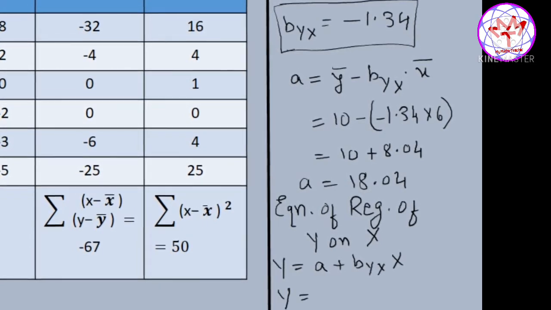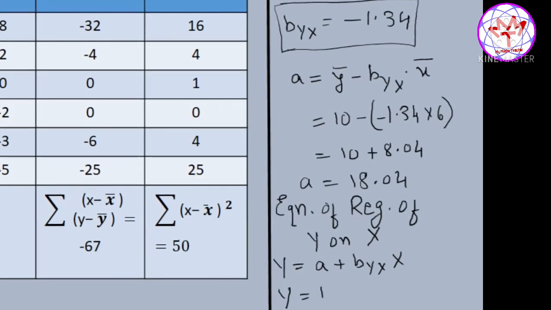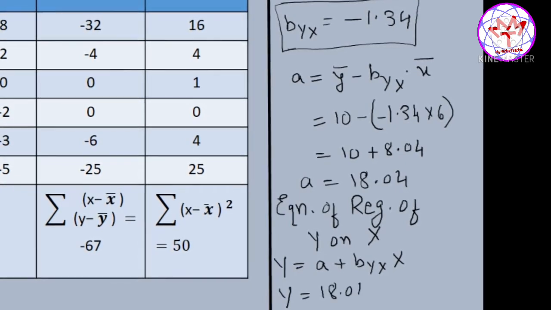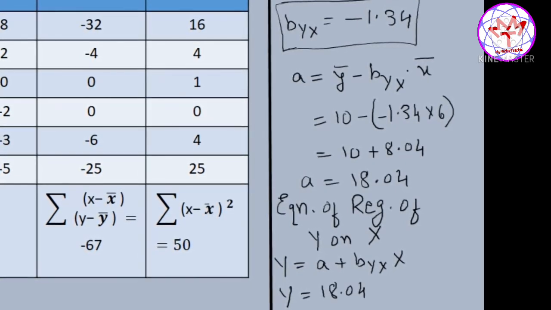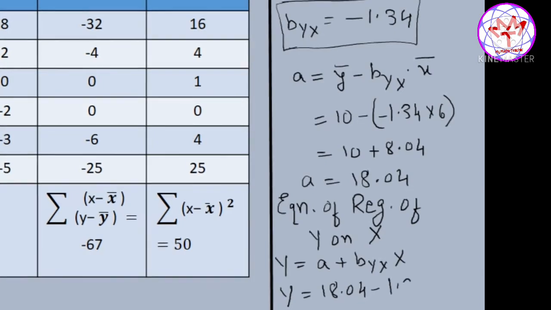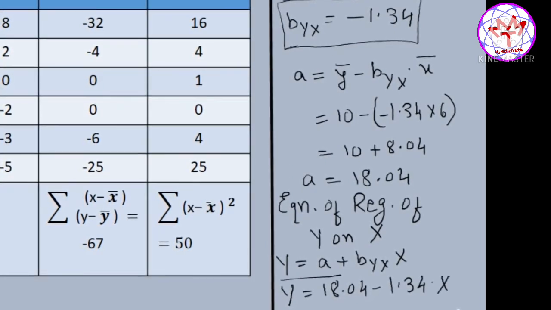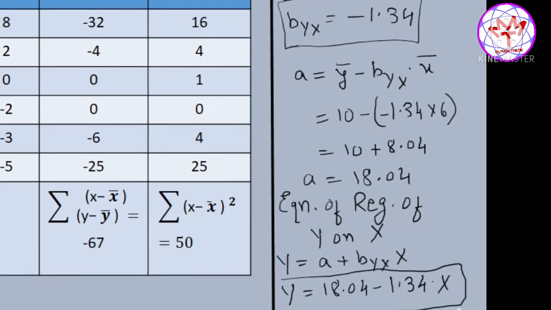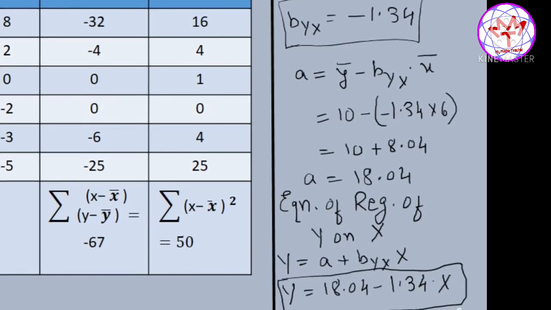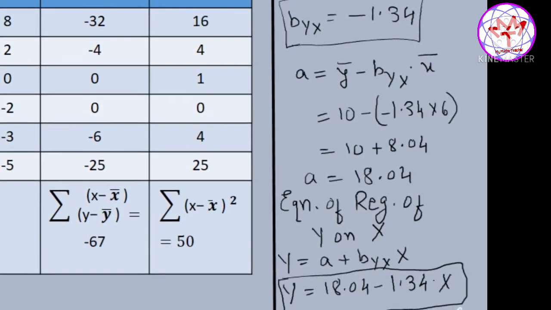So let us substitute the values of a and byx. a is 18.04, byx is minus 1.34 into x. So this is the required equation of regression of y on x. So with this we complete question number 6.